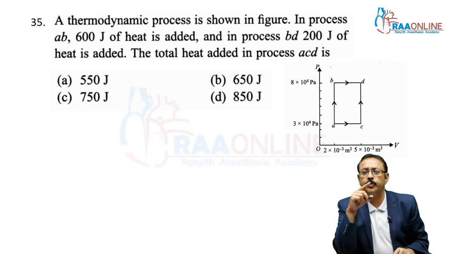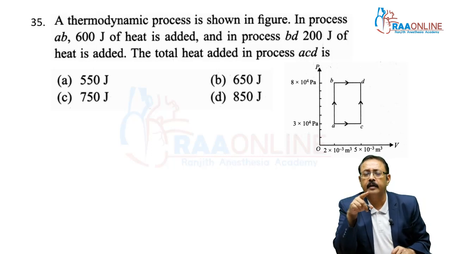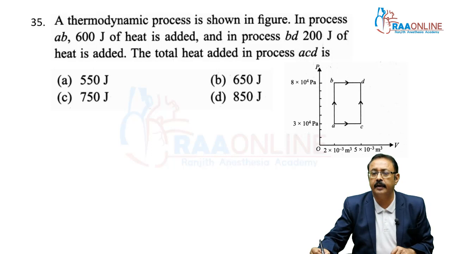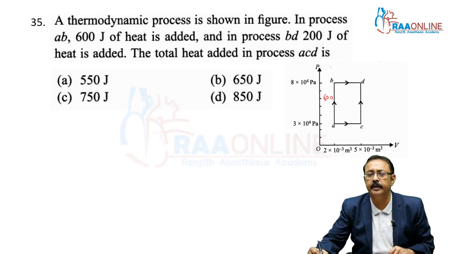Thermodynamic process shown in the figure. In process A to B, the system is gaining 600 joule. And from B to D, it is 200 joule.